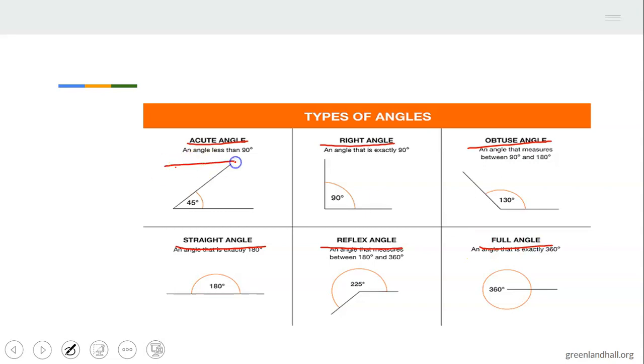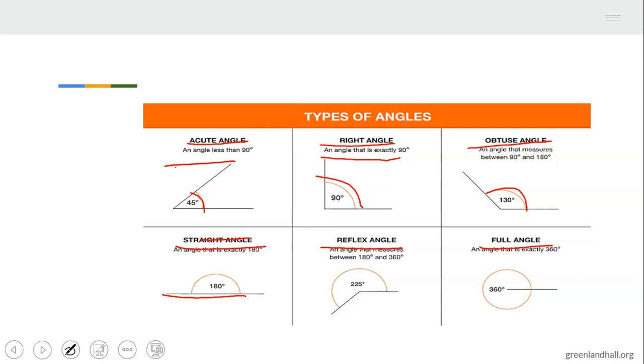An angle less than 90 degrees, like 45, is acute. An angle that is exactly 90 degrees is called a right angle. An obtuse angle is more than 90 degrees but not up to 180 degrees. A straight angle is exactly 180 degrees. And reflex angles are angles measured between 180 degrees and 360 degrees.